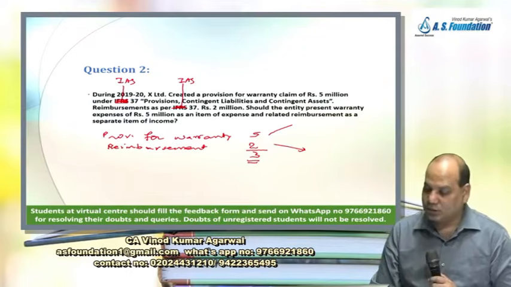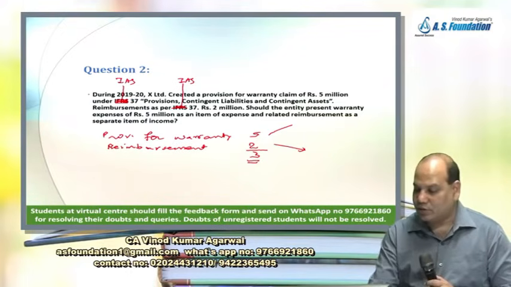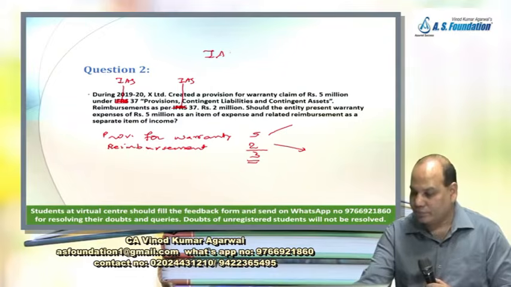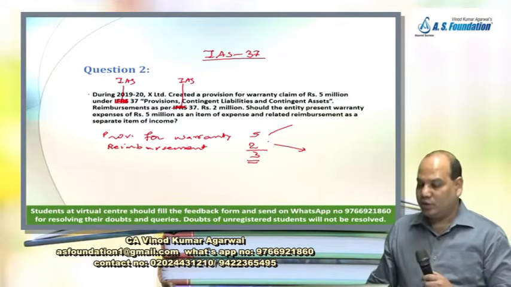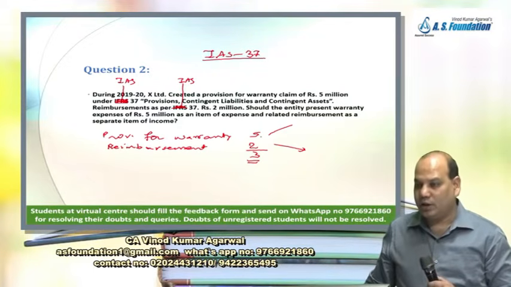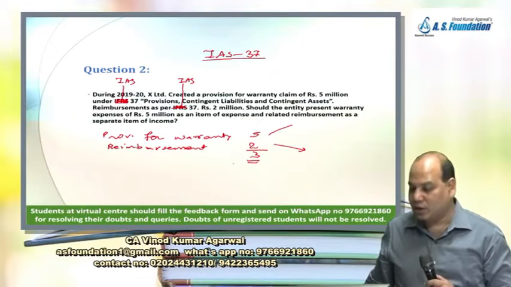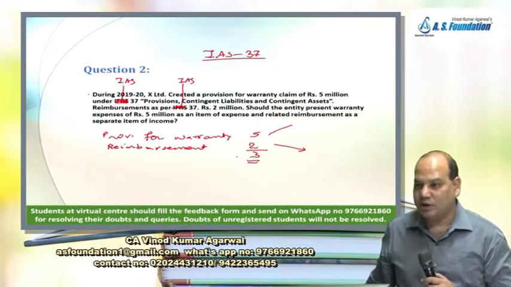Net amount? Yes. When we discuss IAS 37, provisions, contingent liabilities and contingent assets, you will read that you can net off the provision against the reimbursement that is received.